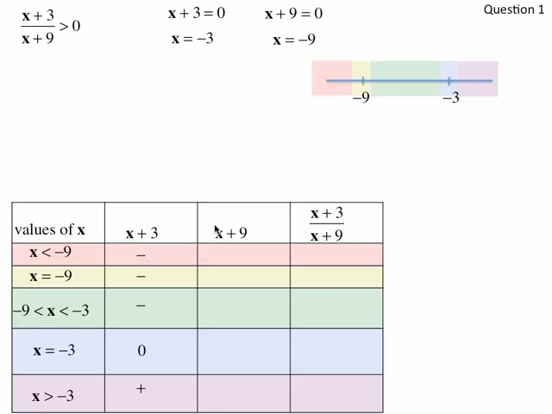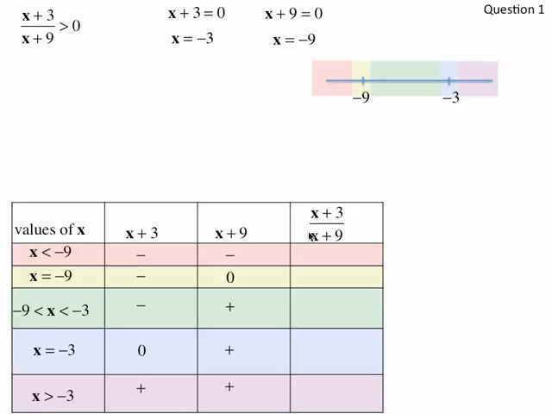When x is less than negative 9, like negative 10, negative 10 plus 9 is negative. When x is equal to negative 9, negative 9 plus 9 is 0. When x is between negative 9 and negative 3, like negative 4, negative 4 plus 9 is 5, which is positive. When x is equal to negative 3, negative 3 plus 9 is 6, which is positive. When x is greater than negative 3, like 0, 0 plus 9 is 9, which is positive.